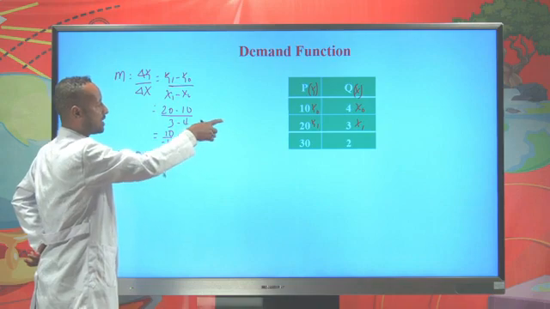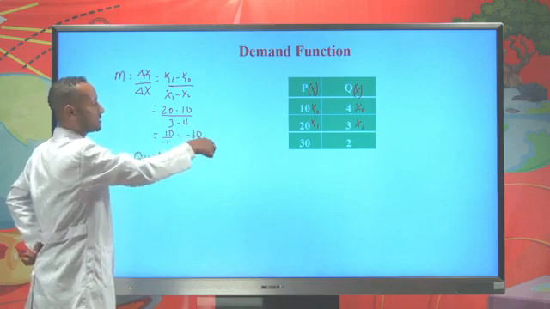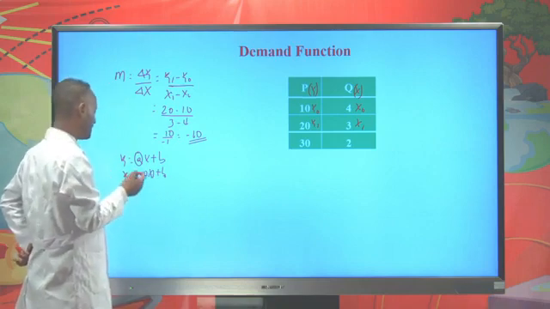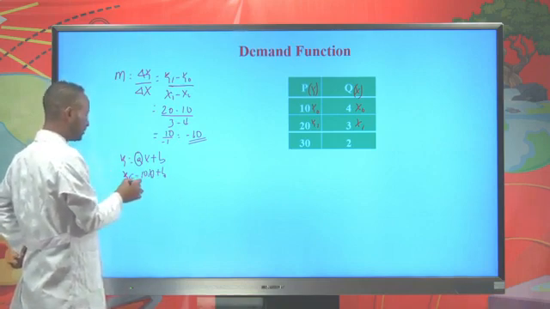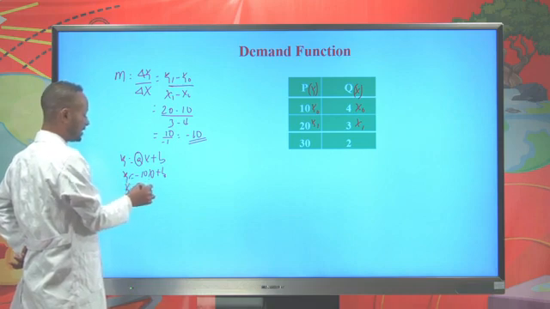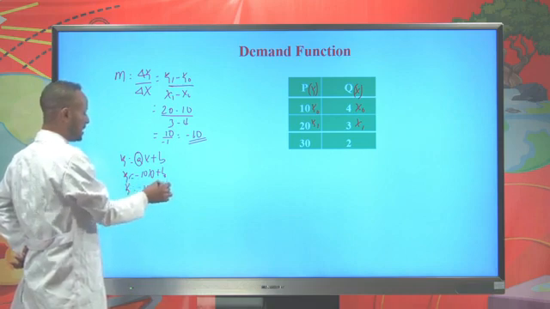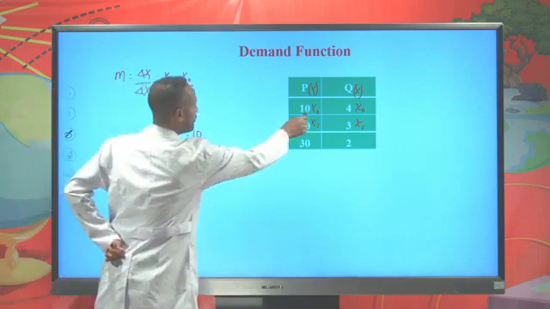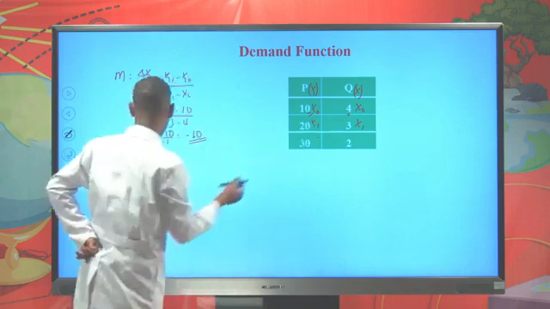You can take 10 and 4, 20 and 3, 30 and 2, and other options from the given schedule. So, in order to get the y-intercept b, with y = -10x + b, let's take the first coordinate, the value of y, which is 10, and the value of x, which is 4.